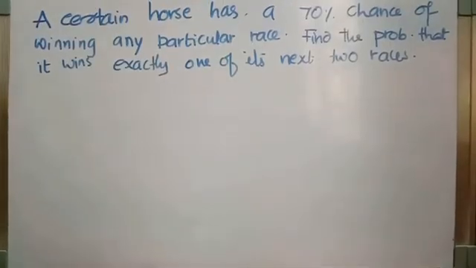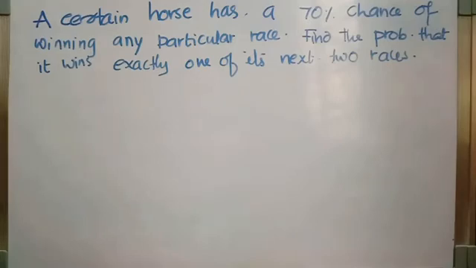Another question. A certain horse has a 70% chance of winning any particular race. Find the probability that it wins exactly one of its next 2 races. So a certain horse has a 70% chance of winning a particular race.